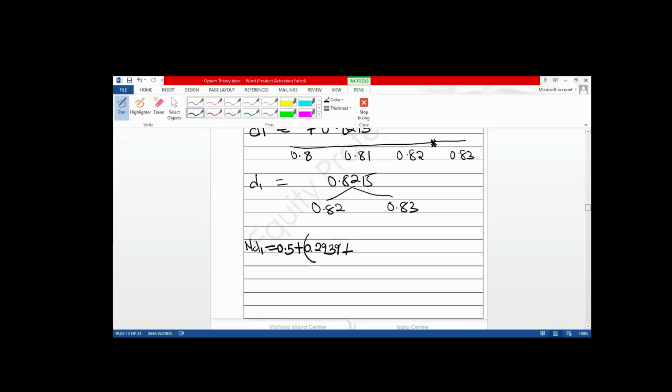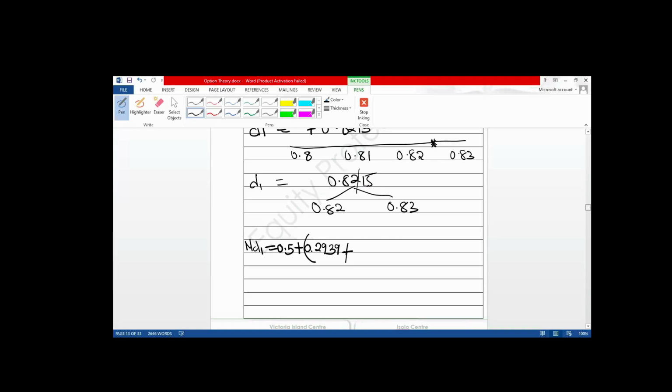Look at the figure you are trying to reach, 0.8215. Out of 0.8215, you have checked 0.82.